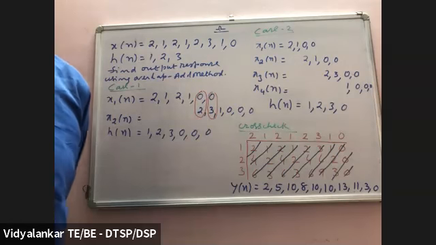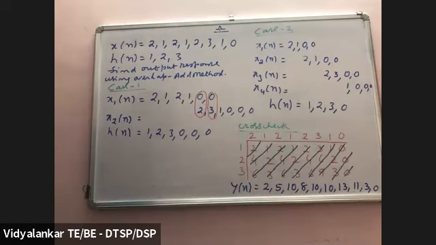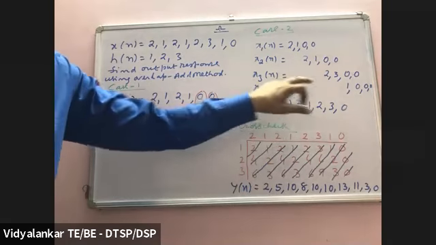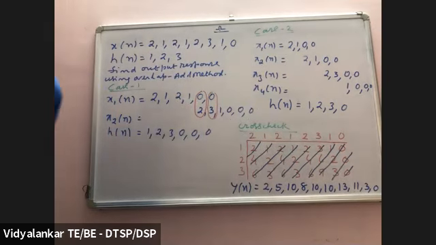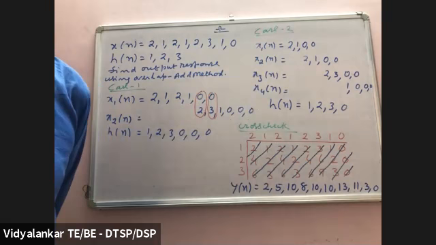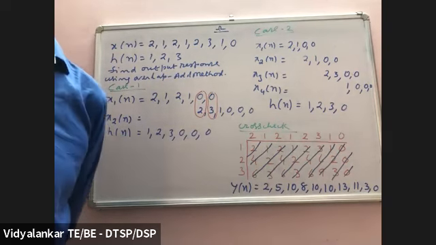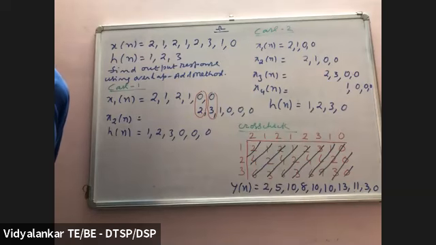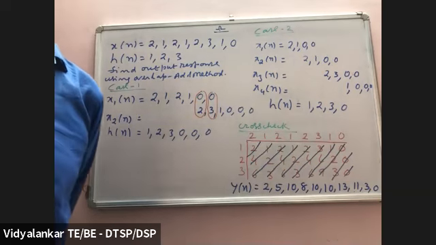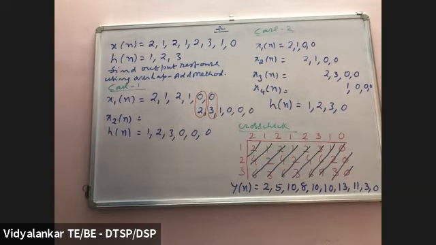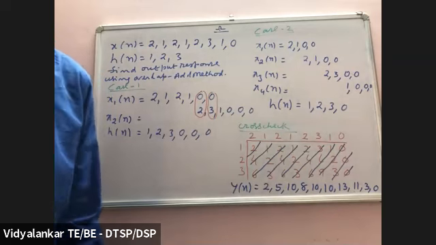How many overlaps are required? The formula for the number of overlaps is the number of samples given in h of n minus 1. That is the important point we have to remember in block convolution. Second one, the input sequence should be equally split. One sequence more, other sequence less, you cannot split like that.